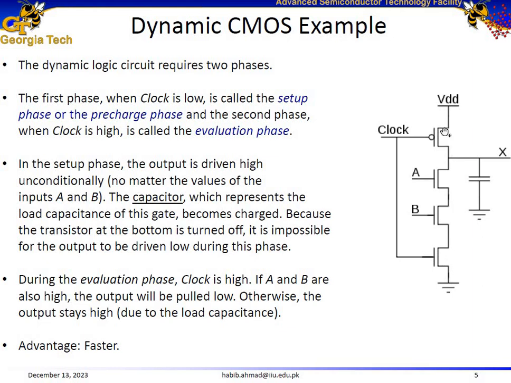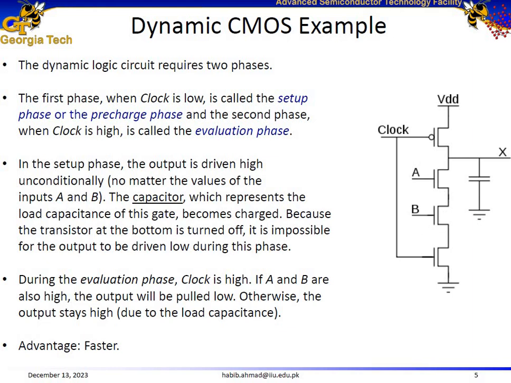So this PMOS is conducting, while this NMOS is not conducting. So the output would be connected to VDD using this PMOS transistor. But since this path is open, the output is going to stay high irrespective of the state of the two inputs A and B.